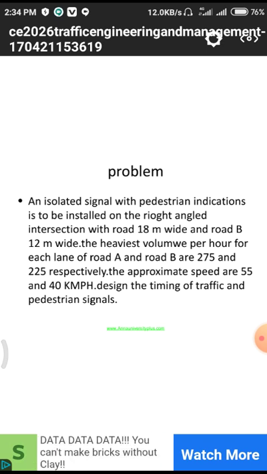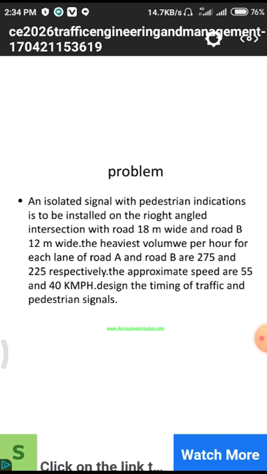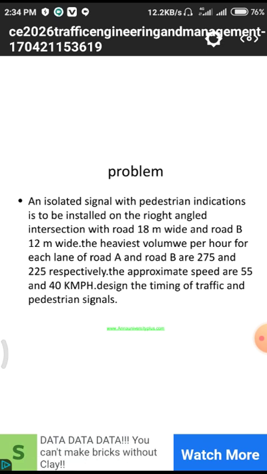NA means the number of vehicles on road A, NB the number of vehicles on road B. 275 and 225 are the NA and NB values. After that we have the speed of vehicles on those roads, 55 on road A and 40 on road B.